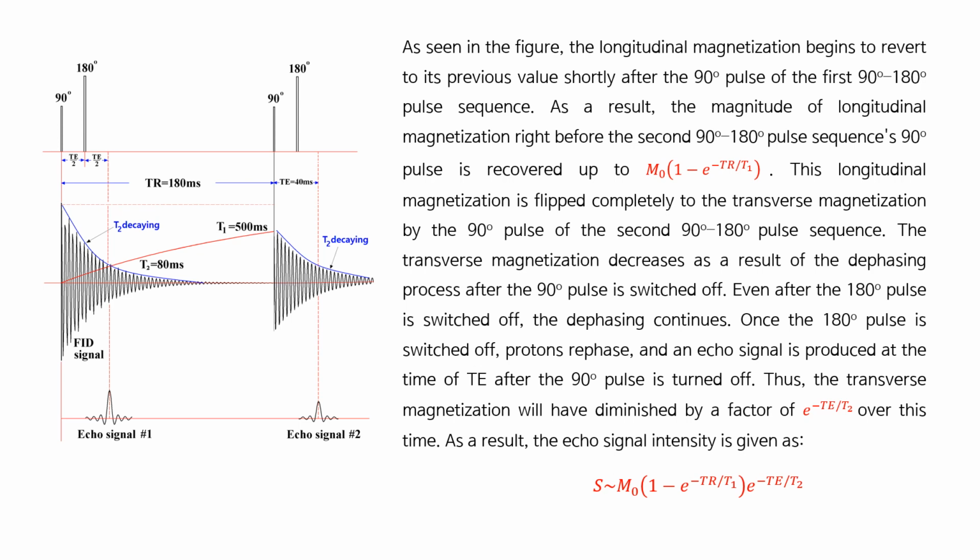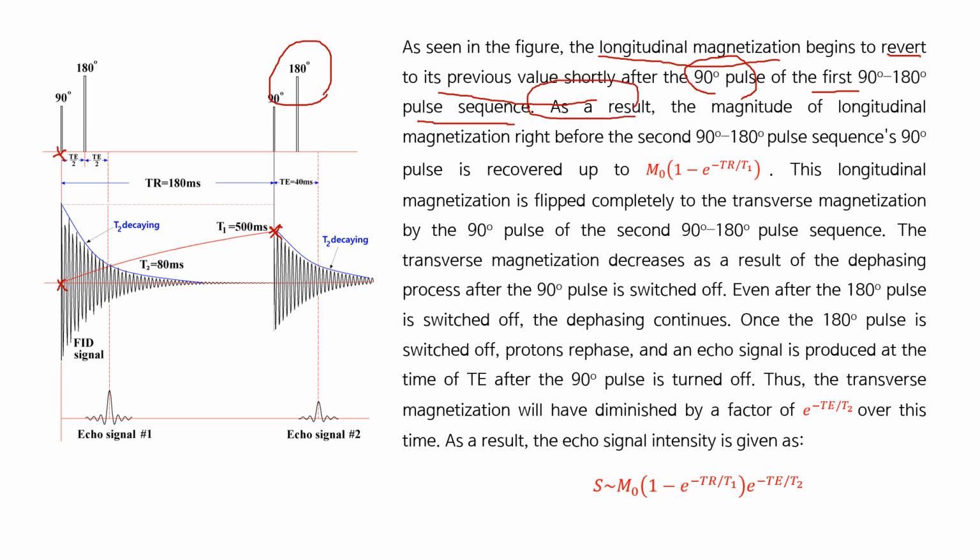As seen in the figure, the longitudinal magnetization begins to revert to its previous value shortly after the 90-degree pulse of the first spin echo pulse sequence. At this moment, the longitudinal magnetization is recovering, and here we apply another spin echo pulse sequence.